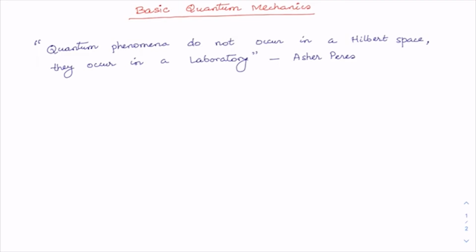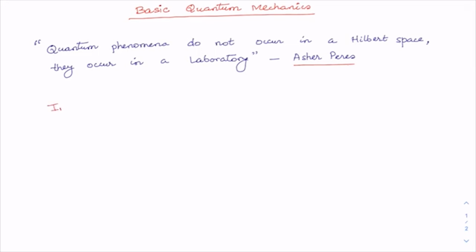While in reality, quantum mechanics happens in the laboratory or actual life, as put by the quantum physicist S.R. Parrish, to discuss quantum mechanics we generally rely on the abstract Hilbert space.